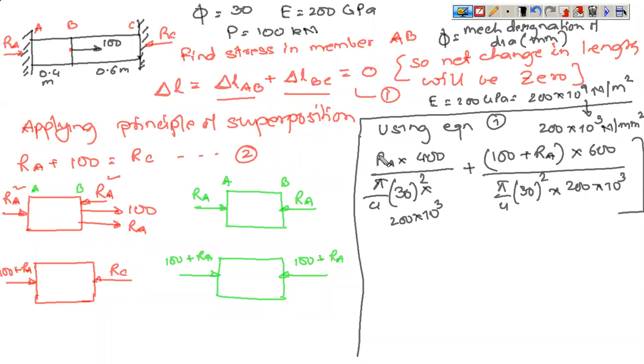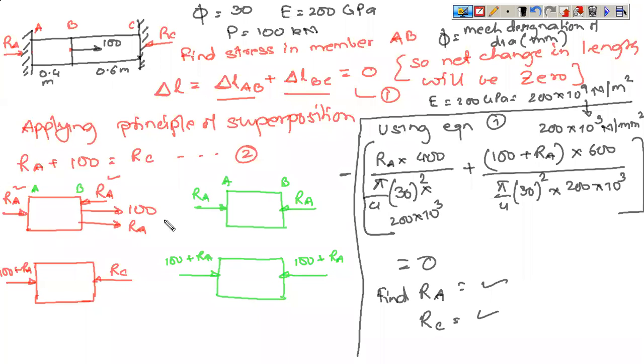Now this whole term is preceded with a negative sign because both are compressive. Now this is equal to 0. From this you can find RA. Once you know RA, RC can be found out.